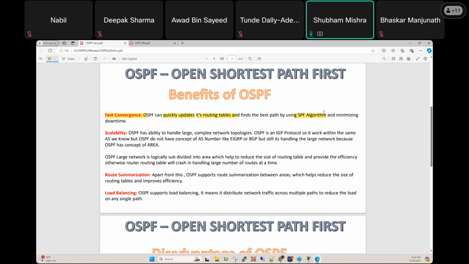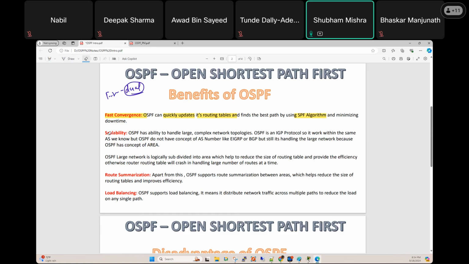Similarly, in the case of EIGRP, this is not part of the syllabus, but I am telling you that the algorithm is the DUAL algorithm. EIGRP uses the DUAL algorithm.